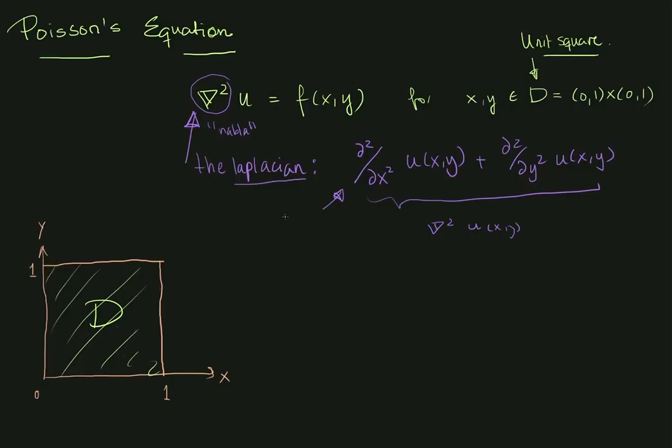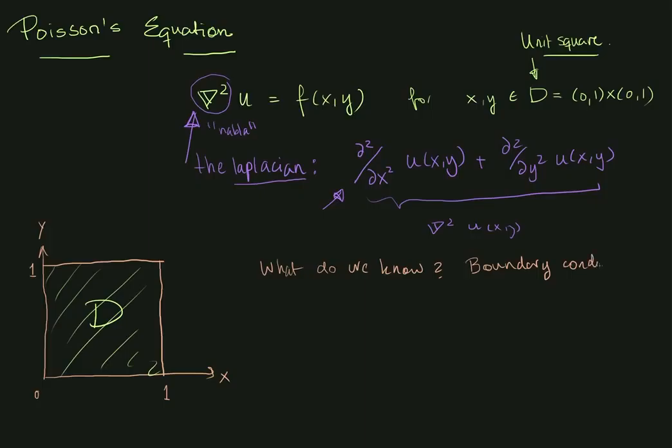Now, the first thing we can ask ourselves is, what do we already know? Because apart from just the differential expression, we also know certain conditions that the solution u of x comma y must satisfy. We have some boundary conditions.